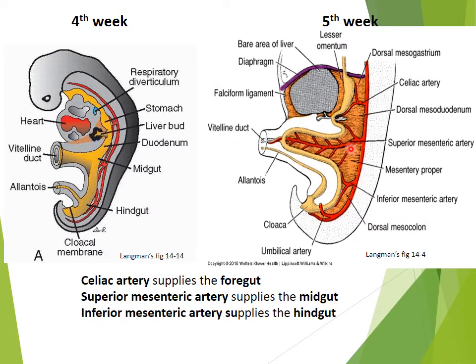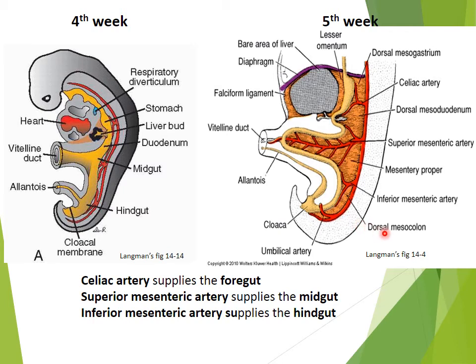In the region of the stomach, we label this dorsal mesentery the dorsal mesogastrium. For the duodenum, this is the dorsal mesoduodenum. For the small intestine, this is the mesentery proper. And for the large intestine, this is the dorsal mesocolon.